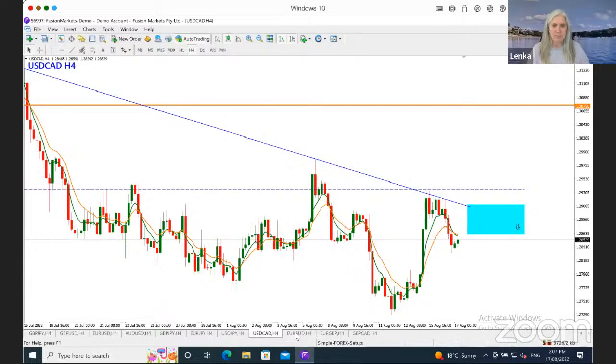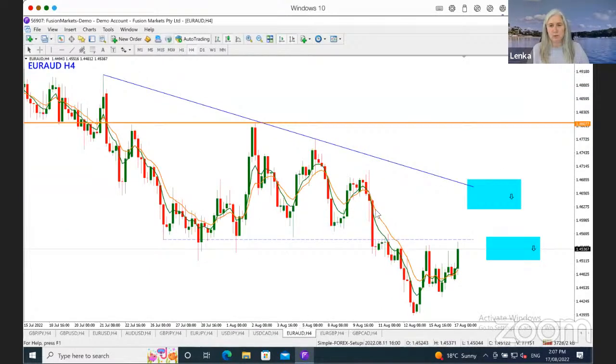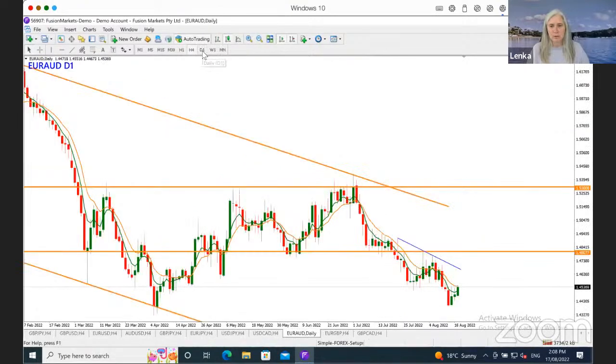The next currency pair I'm looking at is Euro AUD, and Euro AUD I'm looking at short. So here we are now underneath the previous level of support, which was retested as resistance. And now I'm just looking for any pullback and looking for short.